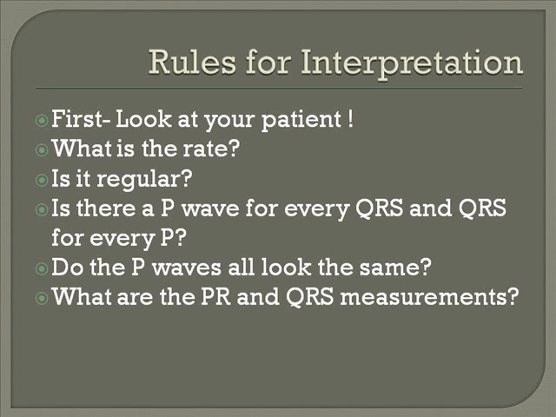If they have different shapes, then it's a sign that it's coming from different places within the heart. And then we measure out what the PR length is and the QRS length is. And depending on the lengths of those, it gives us an idea of what we can call it.